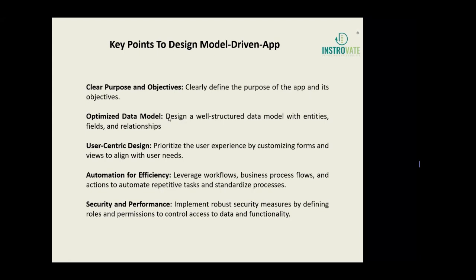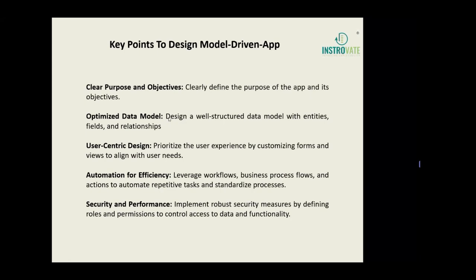User centric design, you can also go for the user centric design, like prioritize the user experience by customizing forms and views to align with user needs. And automation for efficiency, like you can automate the workflow, business process flow and actions to automate repetitive tasks and standardize process.